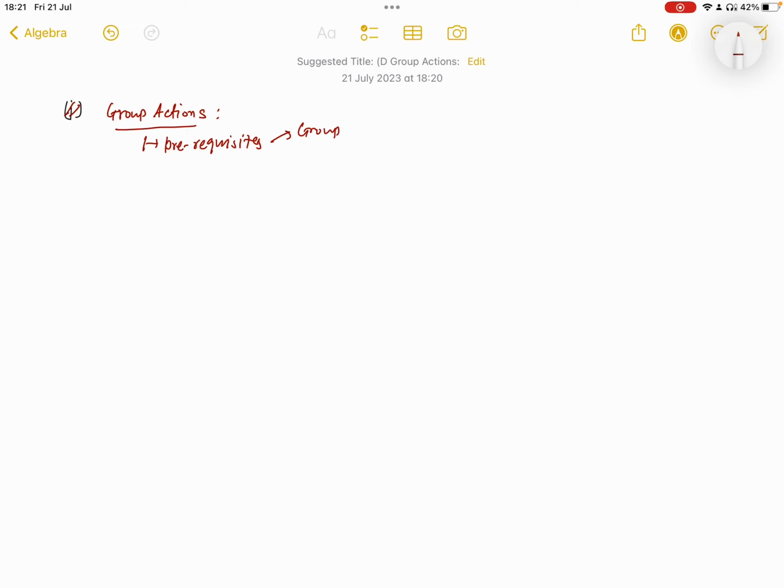You need to know what is a group, of course. In algebra, you need to know what is a group. Of course, then you need subgroup also. You also need to know what is a homomorphism between two groups, the isomorphism, and isomorphism theorems, and also normal subgroup.